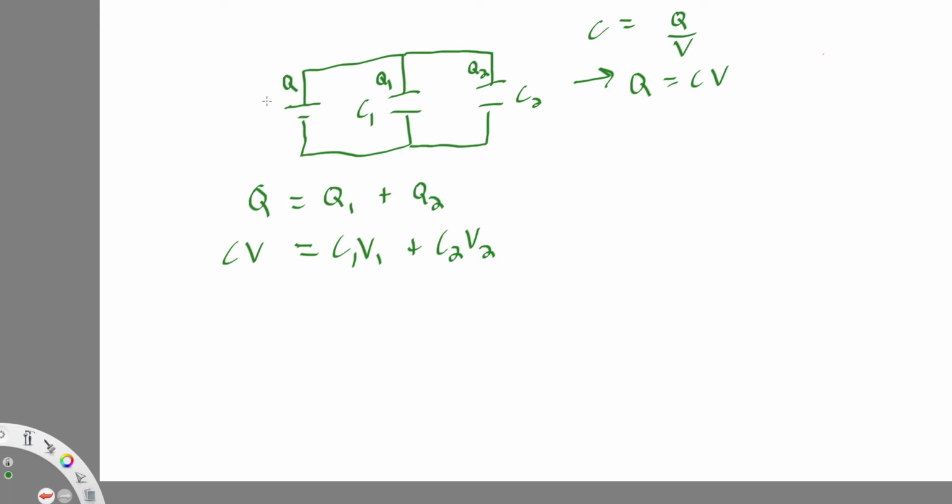If we have a certain voltage difference across the battery, that's going to be the same as the voltage difference across this parallel element and this parallel element, because no matter what path we take, we need to get back to our original voltage at, say, this arbitrary corner here. So the voltage across the battery is the voltage across the first capacitor, is the voltage across the second capacitor.